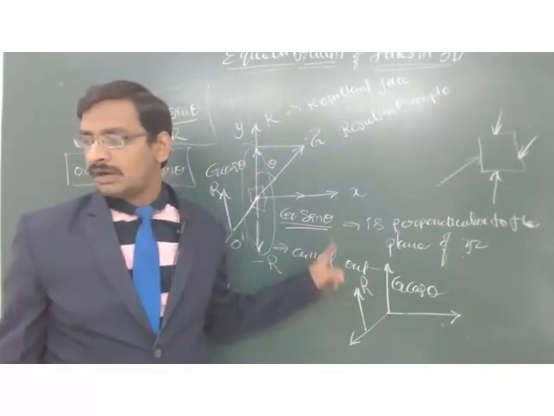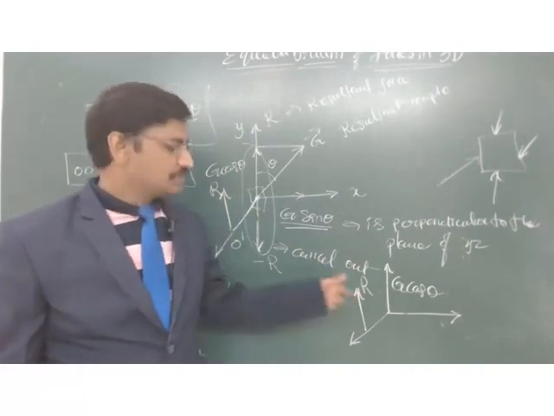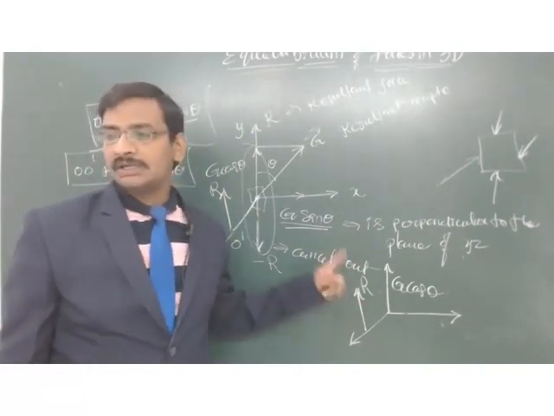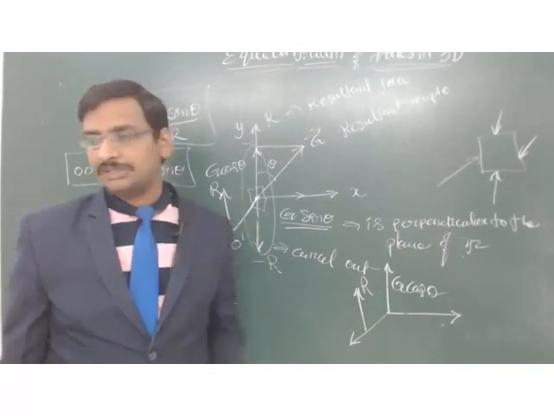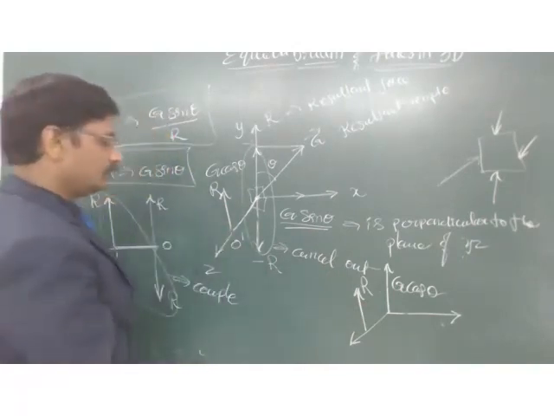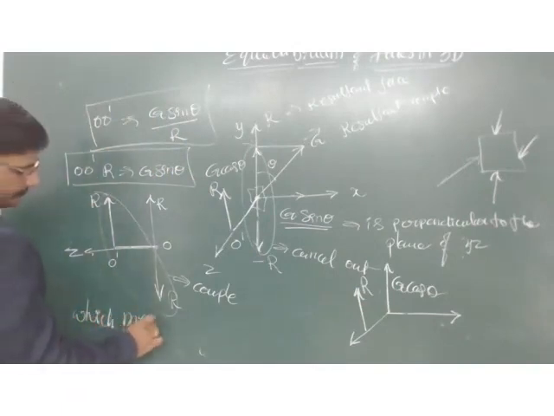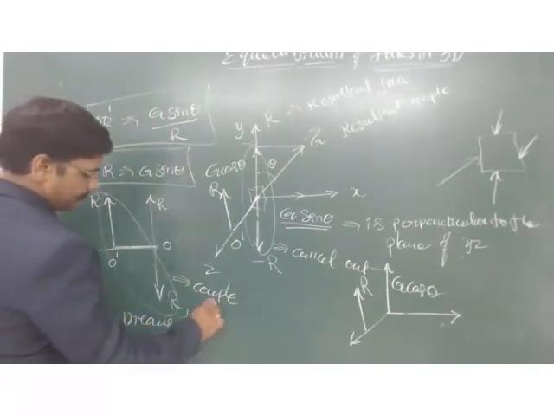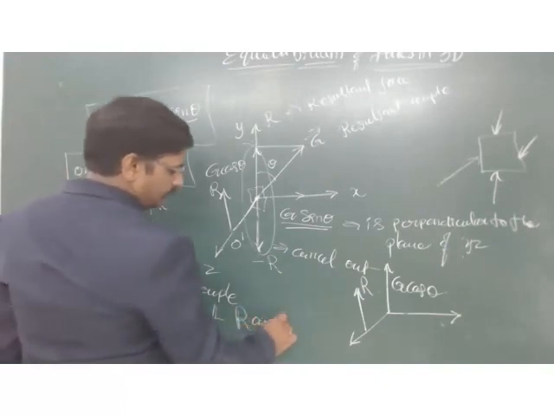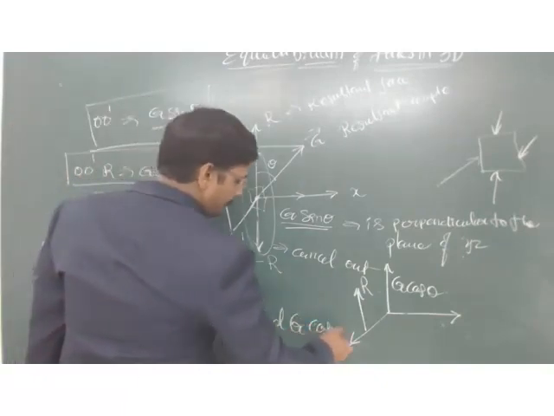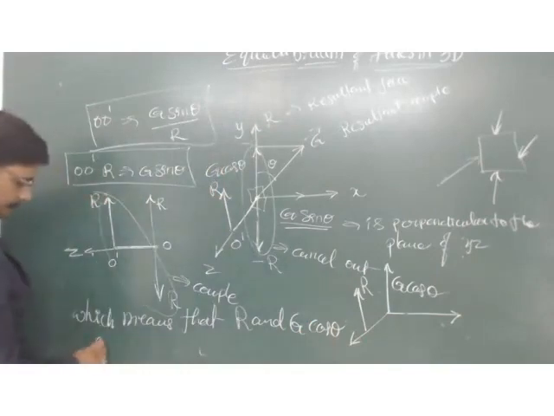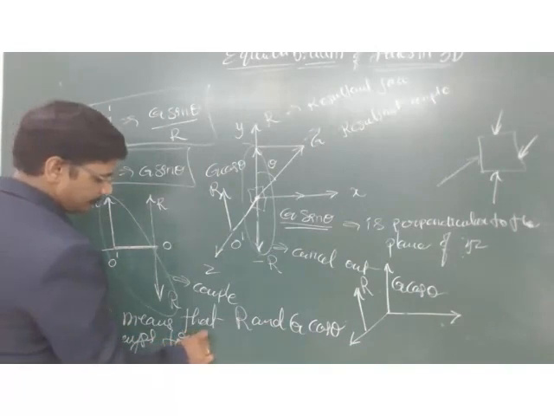R and G cos theta are always parallel to each other, which essentially means that G cos theta and R always form a wrench, right?